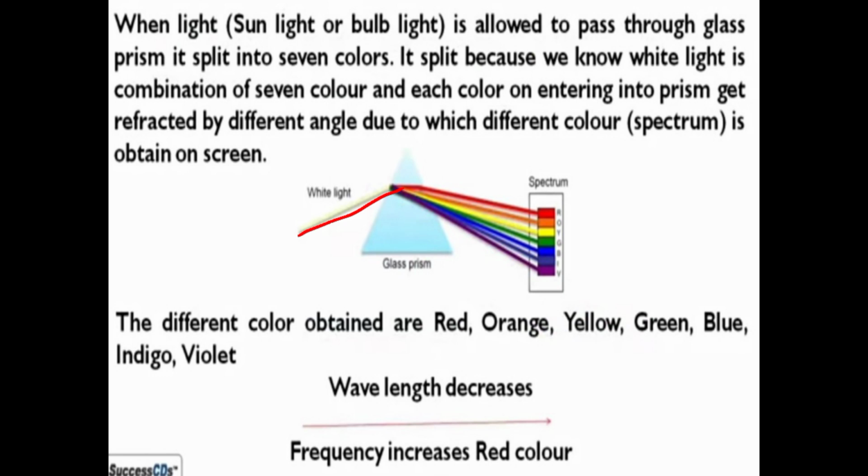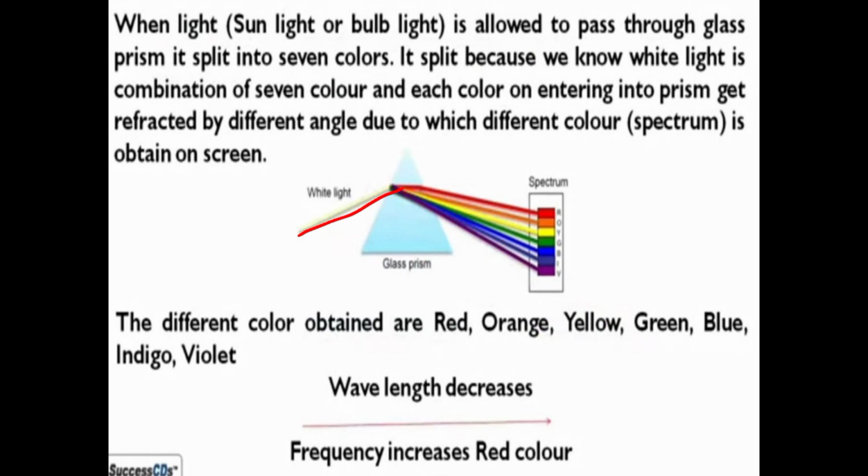into 7 colors. As I told you in the previous slide also, when any white light is allowed to pass through a glass prism, it splits into 7 colors, and it splits because we know white light is a combination of 7 colors, and each color on entering the prism gets refracted by a different angle, due to which different colors are obtained on the screen.